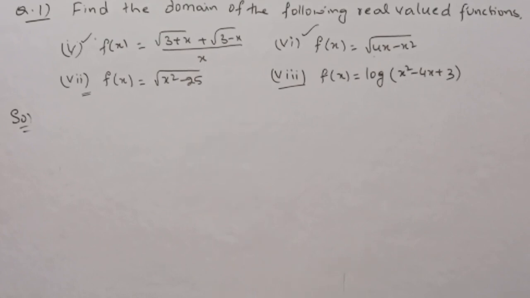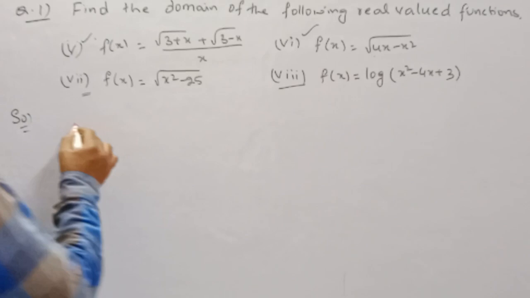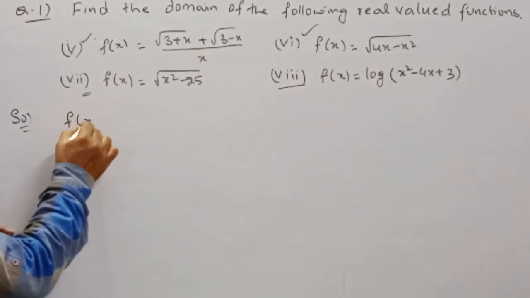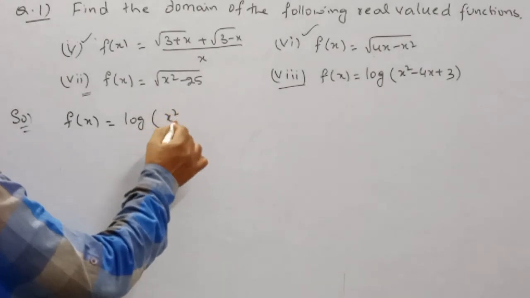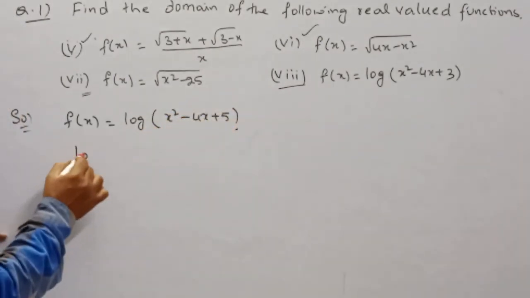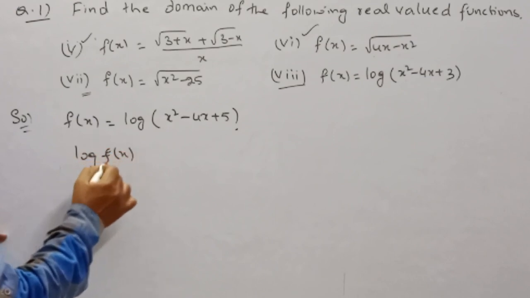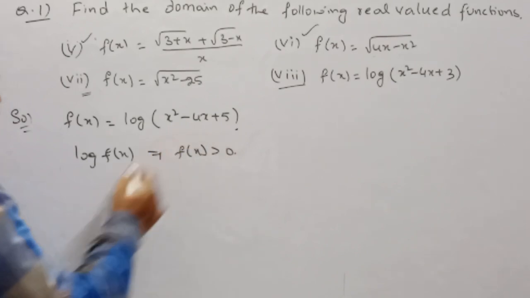Here we have the eighth problem. F of x is equal to log of x square minus 4x plus 3. If log f of x, then here f of x greater than 0, you take.